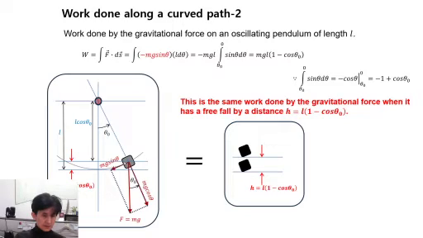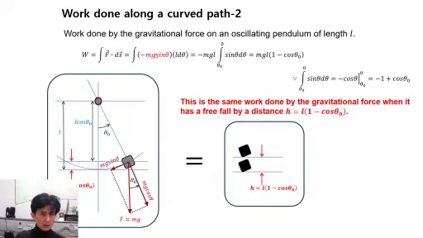And the small distance it moves is L times d theta. This is circular motion, so the circumference element with respect to theta is just L times d theta, the small displacement along the moving direction of this pendulum.